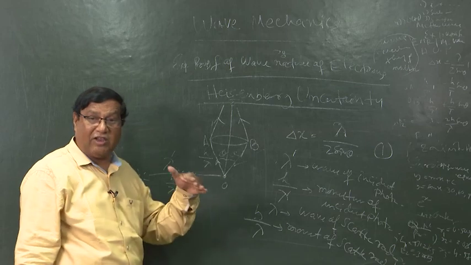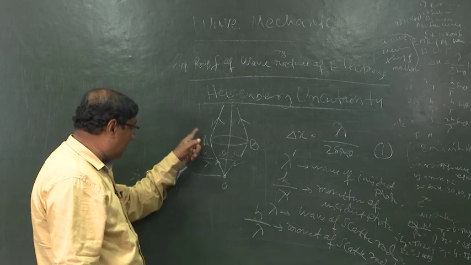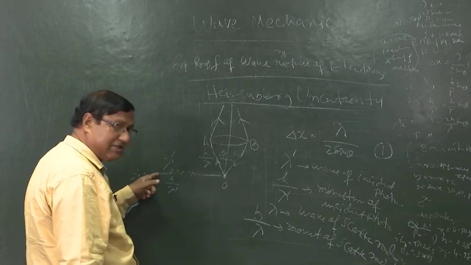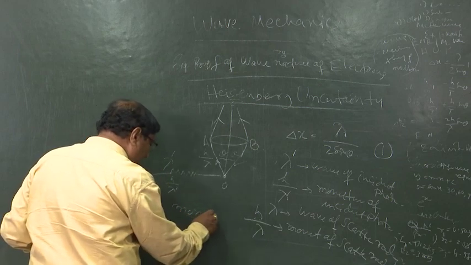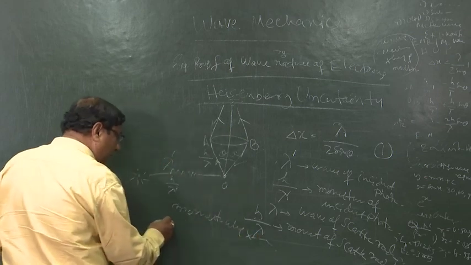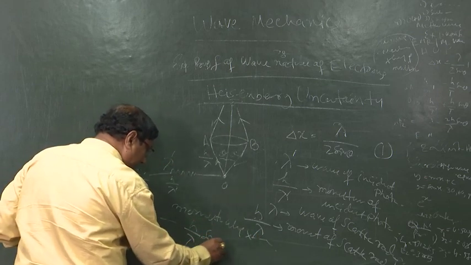We want the momentum along the x-axis. If you consider this scattered radiation, what is its momentum along the x-axis? It will be minus h by lambda sin theta.